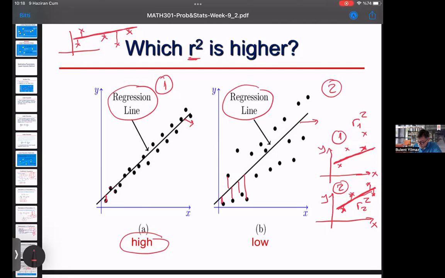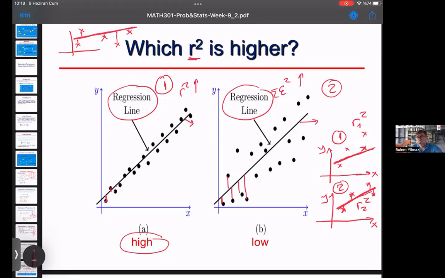Actual minus predicted, square, add them up. So the sum of squared error here will be higher than this one, right? That's why R squared is higher here. So you should be able to give me the total error.